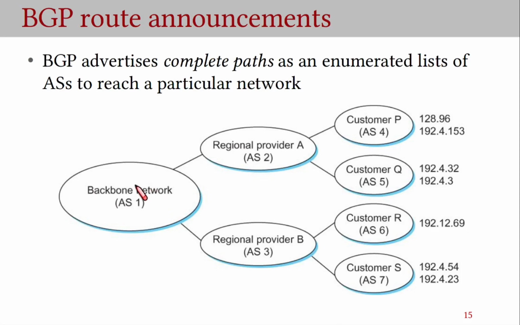For example, when AS1 advertises a route to, let us see, the 128.96 network, it is going to advertise AS1, AS2, and AS4. And therefore, BGP is also called a path vector routing protocol.